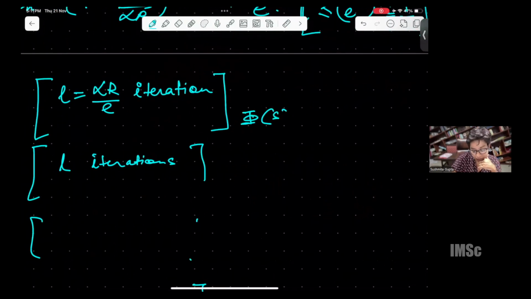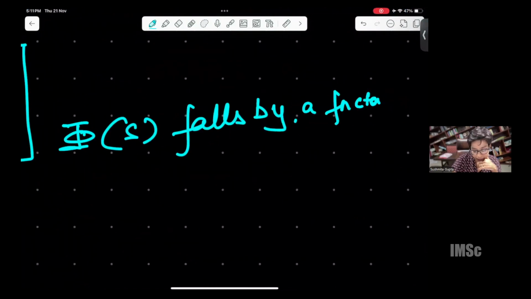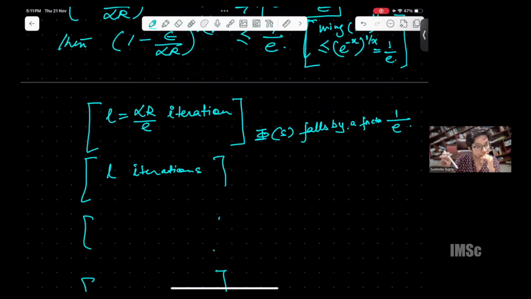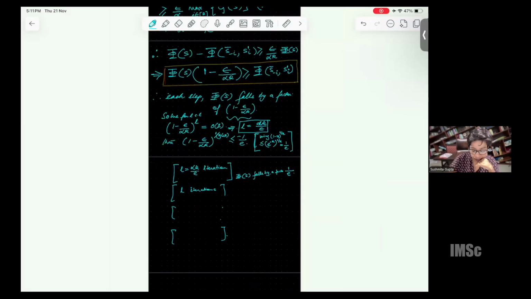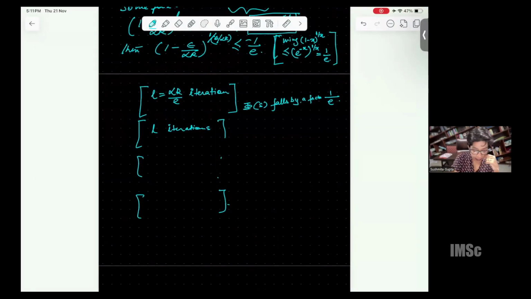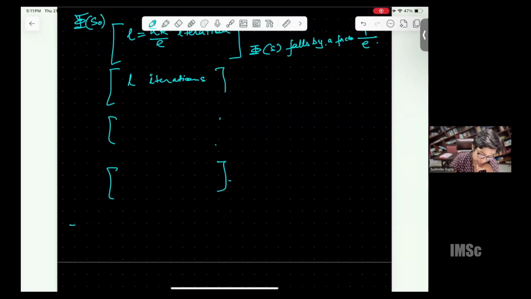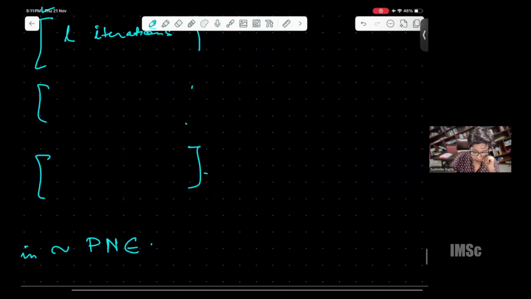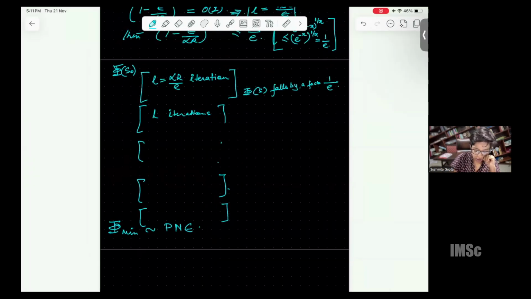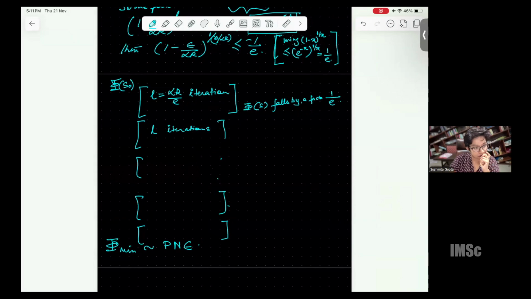phi of s falls by a factor of 1 by e at the end of each block. Initially we start with phi of s0. I'm trying to get to phi min because this is what represents the PNE condition, right? So how many blocks do I need to go to actually get to this? Very simple arithmetic, I think.